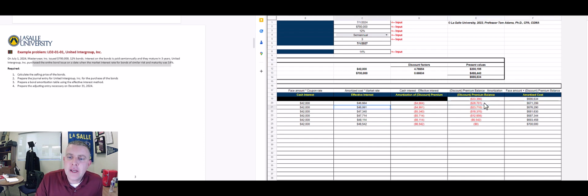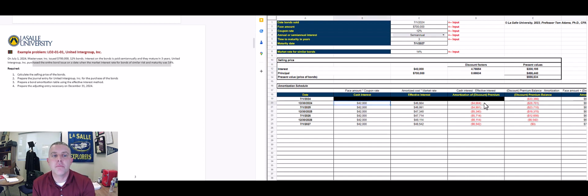And then each period, Masterware is going to pay United, going to pay us, United, we're the investor, $42,000 of coupon payments. But GAAP requires United to record our interest revenue at the effective interest. So these bonds have been priced at 14% interest. That's where this number is coming from.